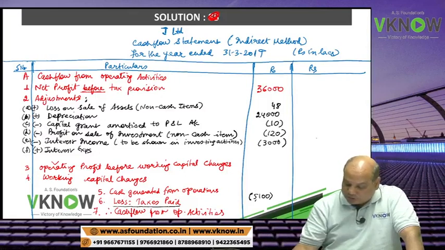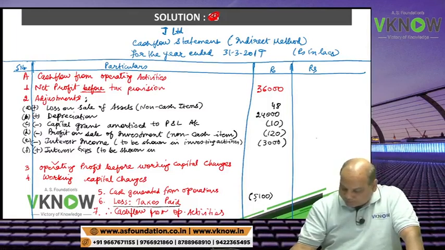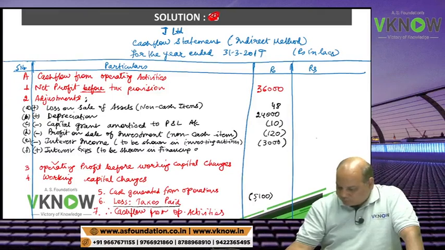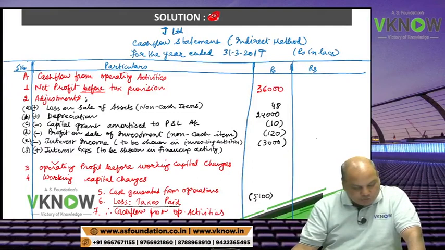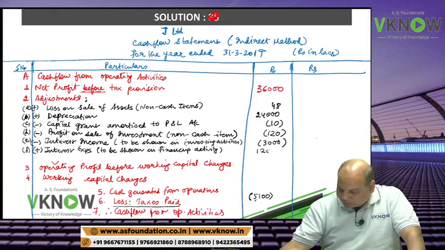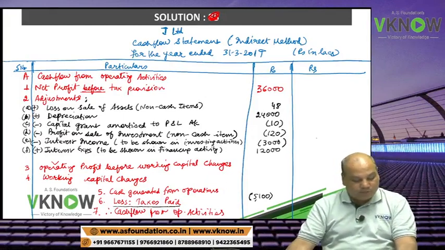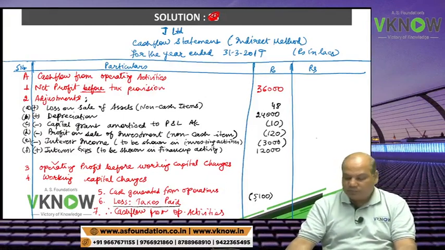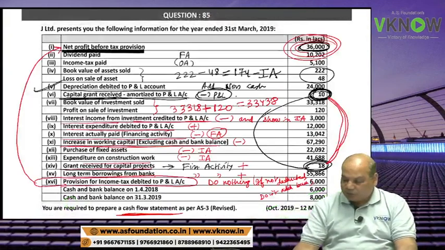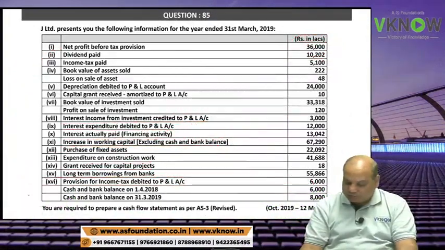Why are we adjusting here? To be shown in financing activity. So how much interest expenditure is debited to P&L account? 12,000. Add, positive. But if you read the next line, look at point number 10 on the screen.